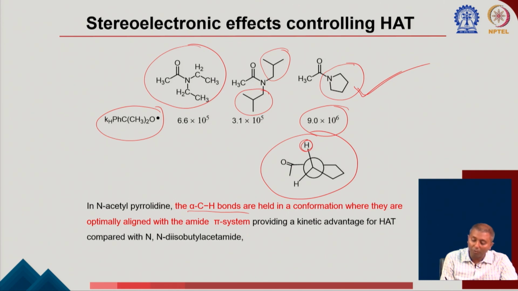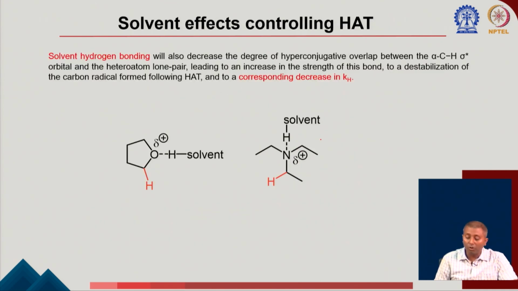So this bond is optimally aligned to this pi system here. That means there is some sort of secondary interaction, where the sigma electrons get transferred into the pi star. So this C-H is getting weaker, and that is why this hydrogen abstraction is faster. Again, there are solvent effects.